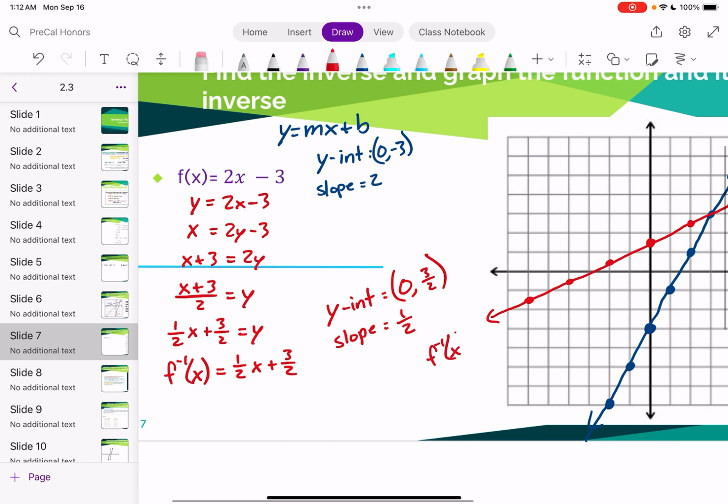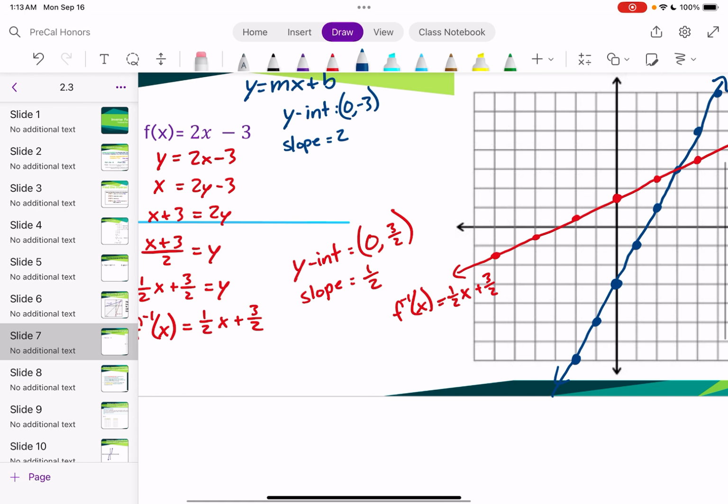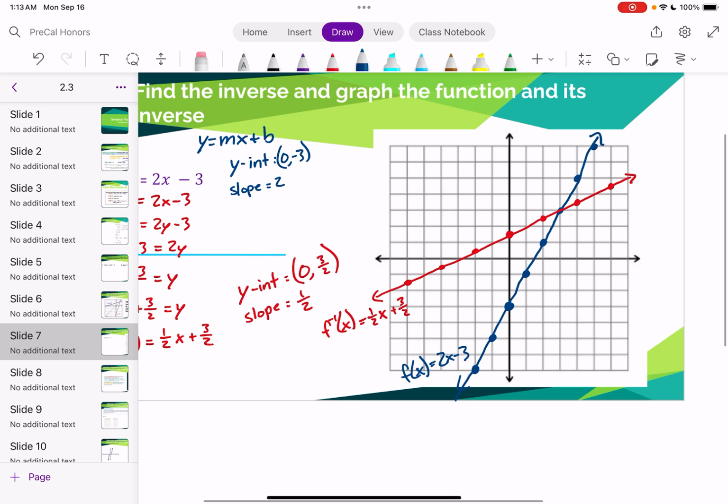F of -1 of x is equal to 1/2 x plus 3 over 2. And our secondary equation over here, which would be f of x is equal to 2x minus 3. Something to keep in mind, remember, this is all in reflection of the y is equal to x equation.